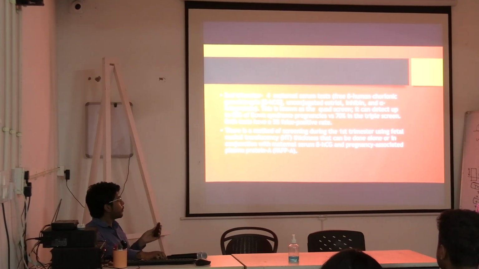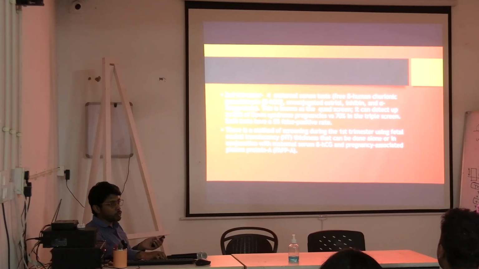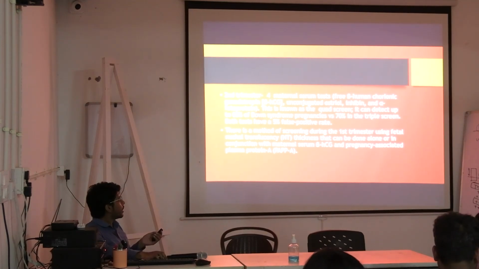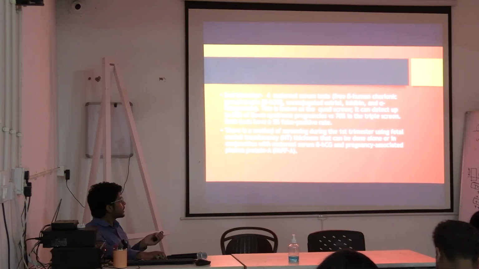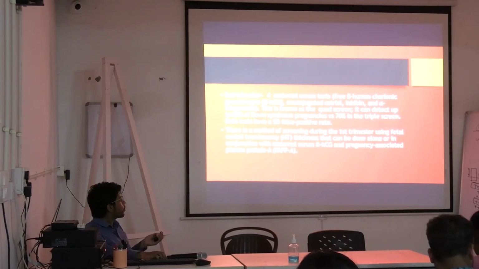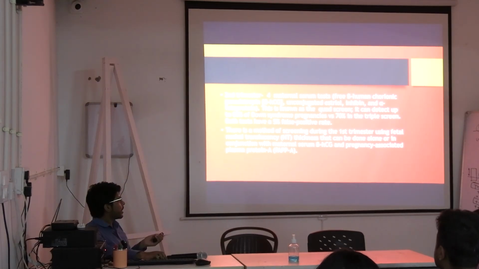Inhibin and alpha fetoprotein. This is known as the quad screen. So the quad screen in the second trimester can detect up to 80% of Down syndrome pregnancies. And in the first trimester, there is a method, that is Nuchal Translucency, NT thickness.